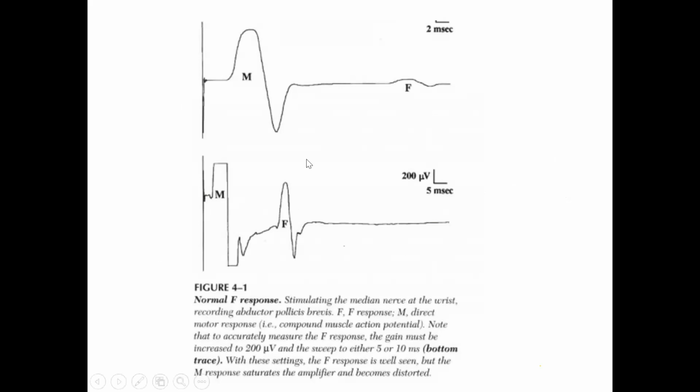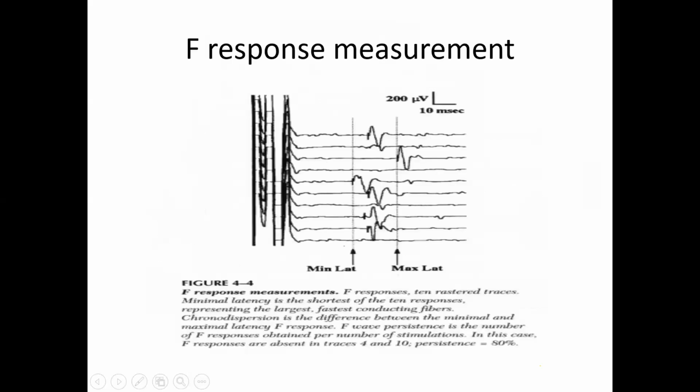So this is the initial M response and then there is this F response. Here you have 10 records, one having the minimal latency and one having the maximum latency. If the chronodispersion is beyond 6, then you can say there is a significant chronodispersion.